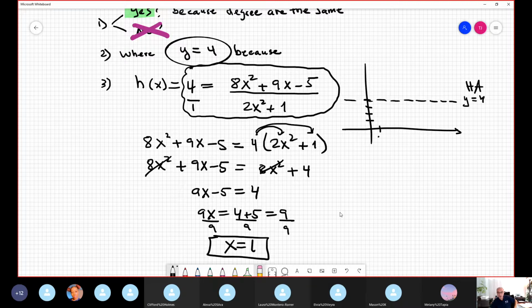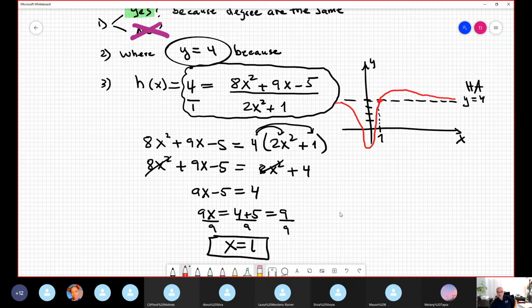So one here on the x-axis, and the y-axis, no? 1 comma something. I have no idea how it looks like, but my curve looks like that, and continues forever. It approaches, but never touches.